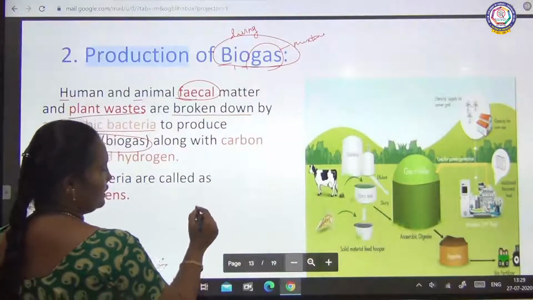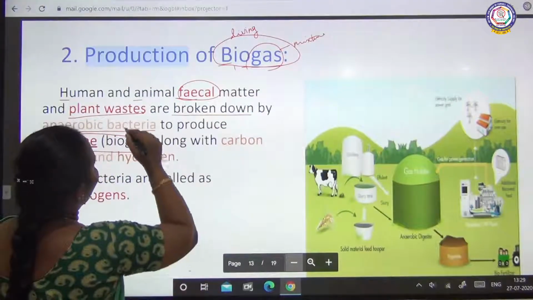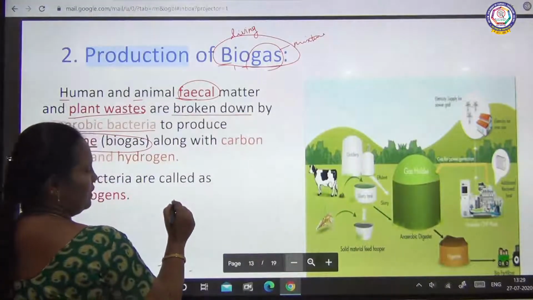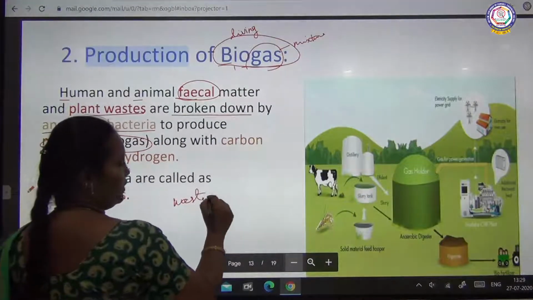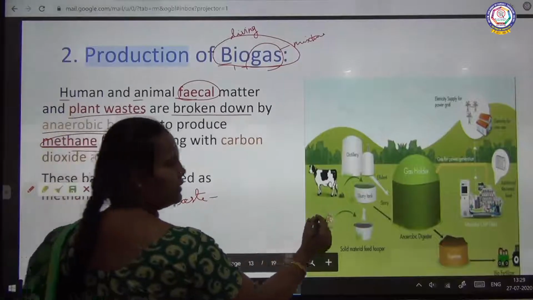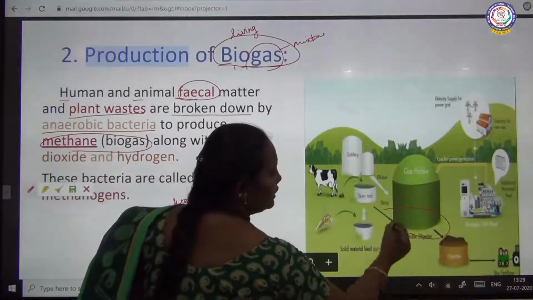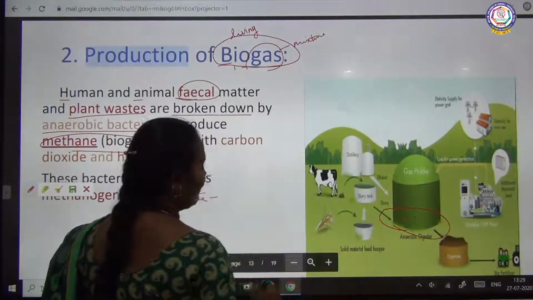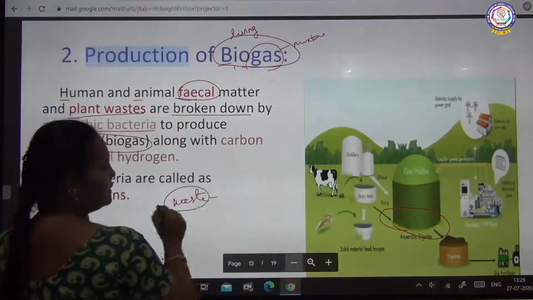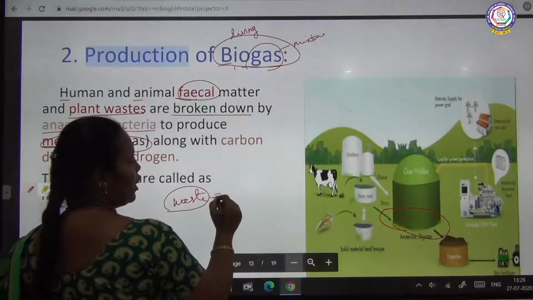Clear? See, in the production of biogas, the waste is collected in the well that they dug. In the wastes, some microbes can grow.